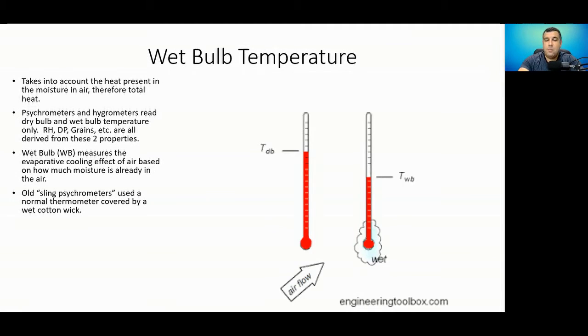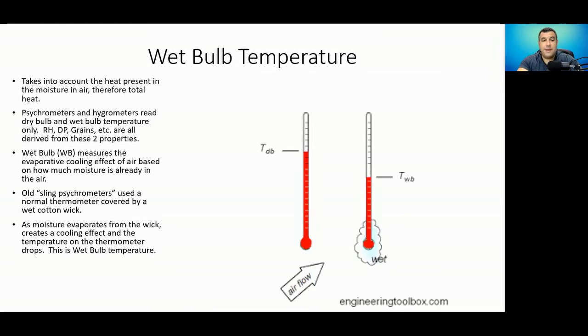And as that moisture leaves the wick and gets evaporated into the air around it, there's a cooling effect that takes place, and the temperature of that thermometer drops. And that is your wet bulb temperature. So as moisture evaporates from the wick, it creates a cooling effect that we call wet bulb temperature. And this is important to know because equipment charging charts use wet bulb temperature as well as dry bulb temperature.